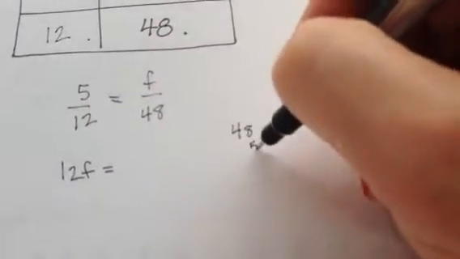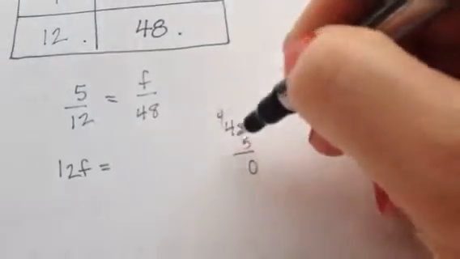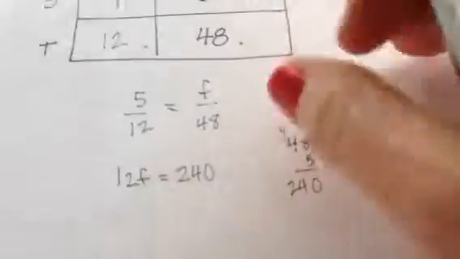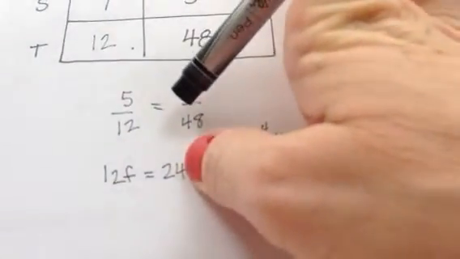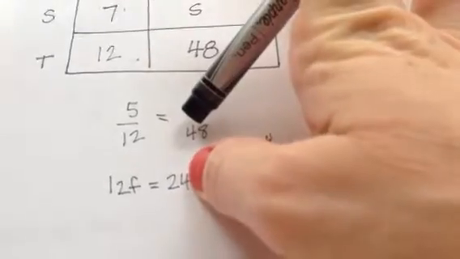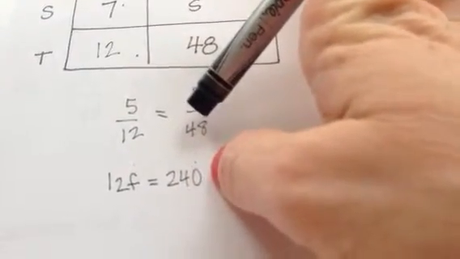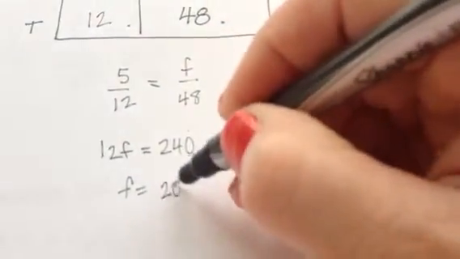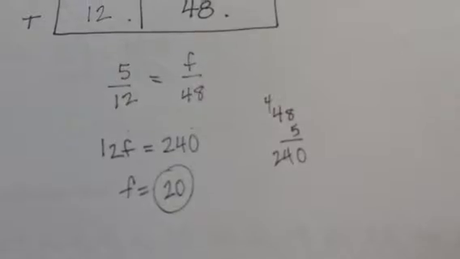Let's do it over here. 40, 200, and oh, that's another easy number. Okay. So 12 goes into 240. Well, 12 goes into 24 how many times? 2. So 12 goes into 240 how many times? 20. So F for football players equals 20. There were 20 football players.